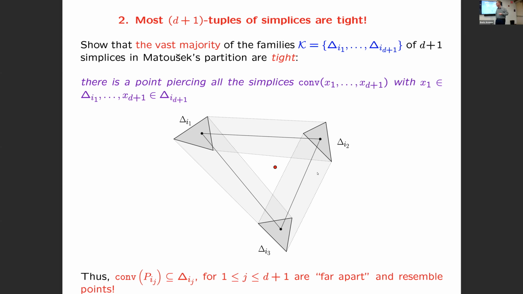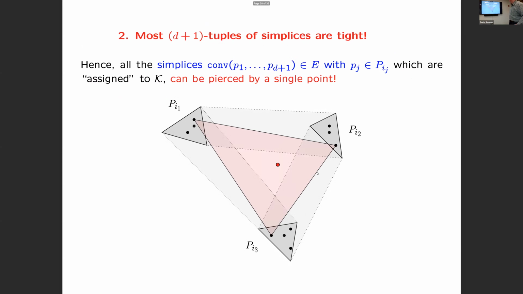And therefore, whenever we have not just simplices of our hypergraph, but simplices whose vertices come from a given such tight d+1 tuple, they are all taken care of.